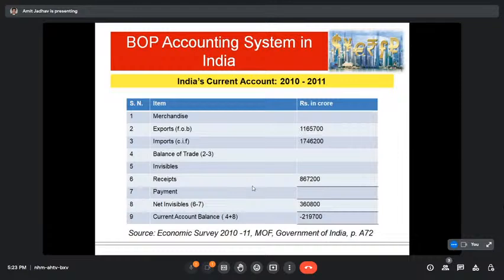That's why, finally, in the current account balance we have to subtract export from import, and we get the answer, 2,19,700 crore rupees, which is India's deficit in the current account, because India's export is smaller than the import. In other words, India's import is quite greater than the export. That is India's current account of the balance of payment.